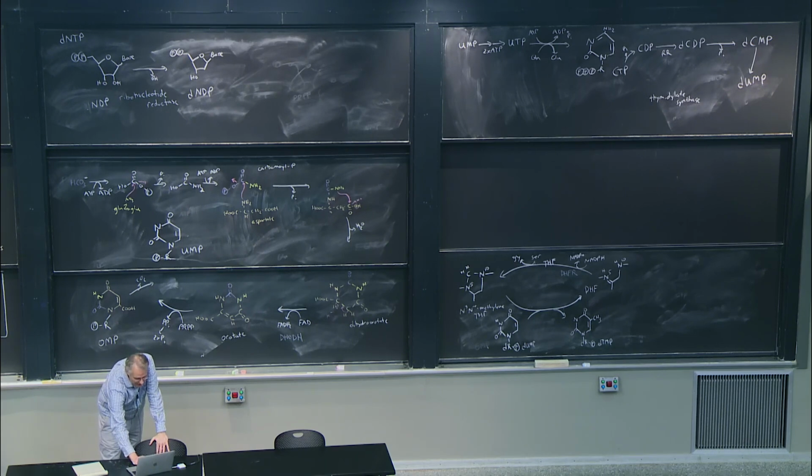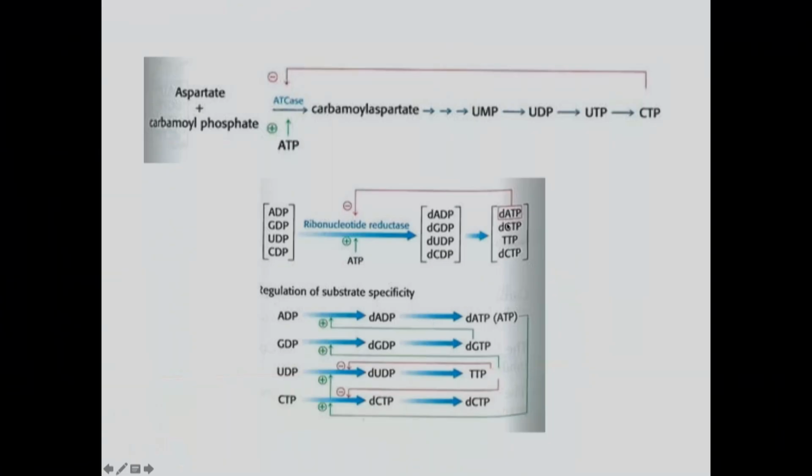But effectively, it has various feedback mechanisms with allosteric sites and other feedbacks that are still honestly being worked out, that in the end help you balance to make sure you have the right levels of all the different deoxyribonucleotides.